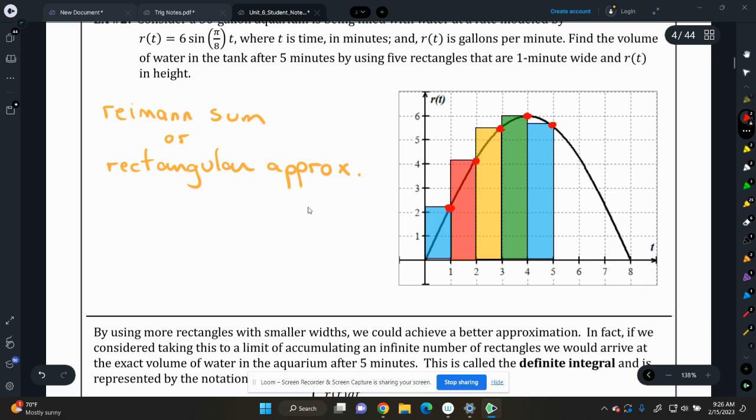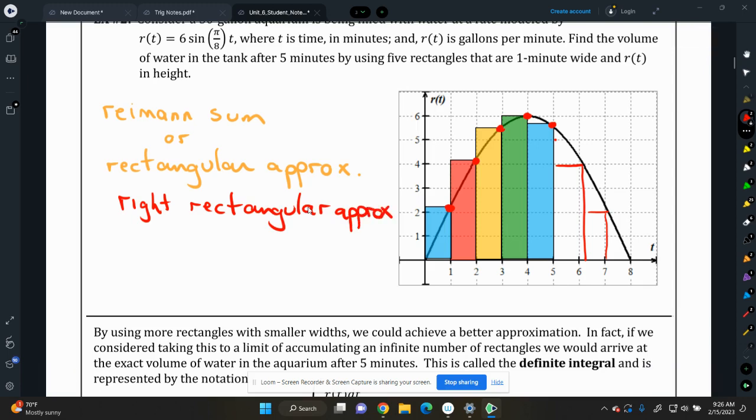If I was going to continue, it would be down here, and then there. So we have this right edge touching the curve. That means we're going to call this a right rectangular approximation, or right Riemann sum. This is going to approximate the area under the curve.